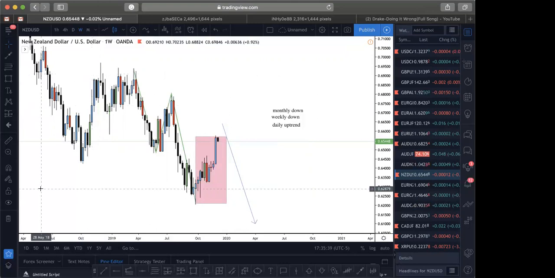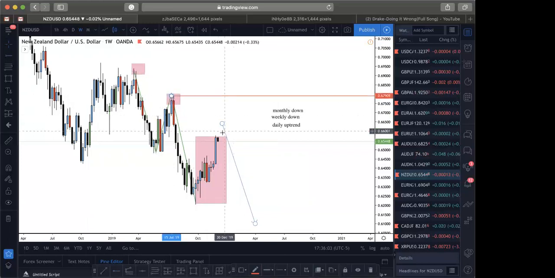right? We know based on the rules that this is the monthly and weekly lower high, right? So if the market was to keep its downtrend structure, it would not surpass this high. So we also know that we have from this area to look for reversal signals.